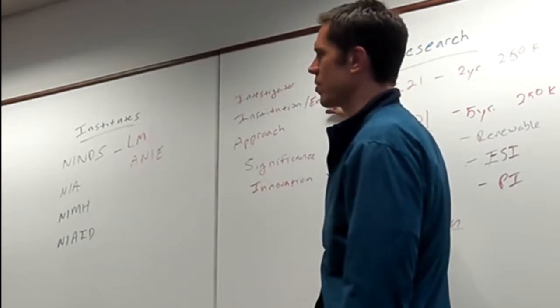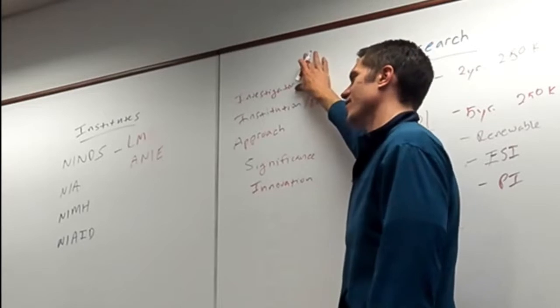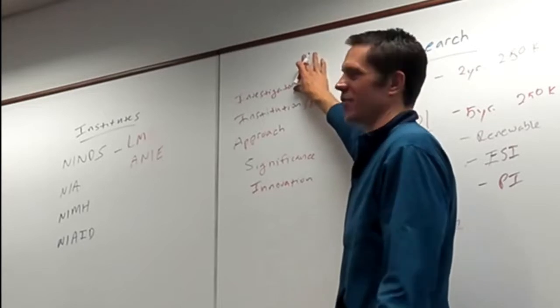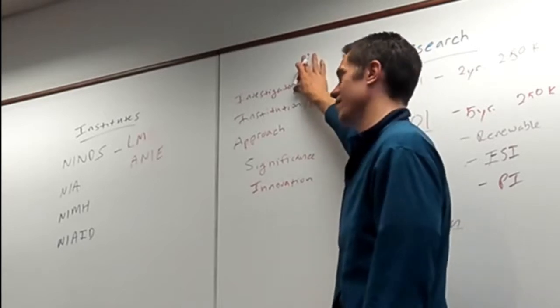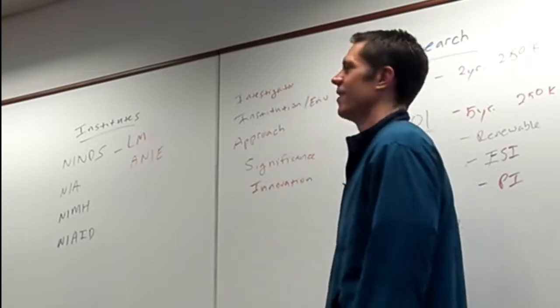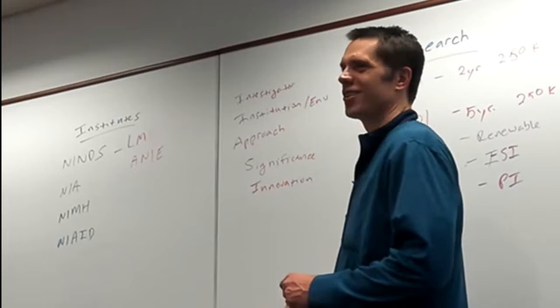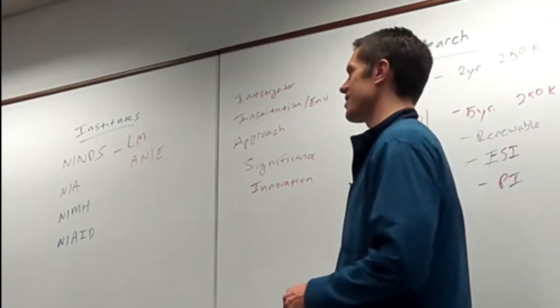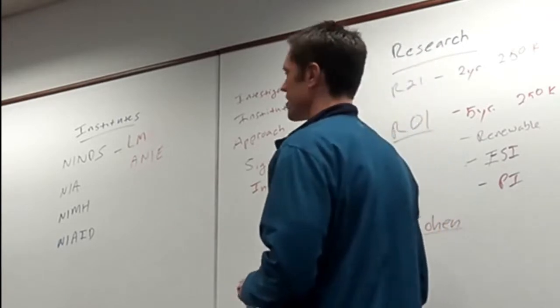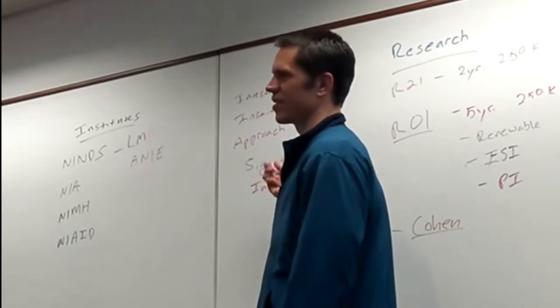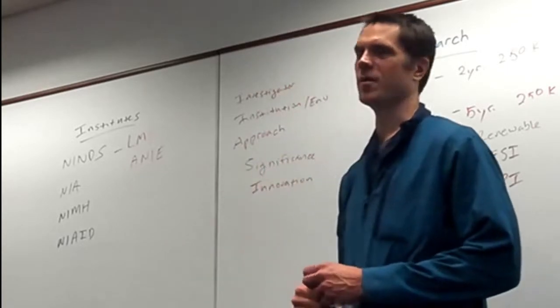In my experience, it's pretty rare the investigator doesn't get a good score, because everybody that applies for these is pretty accomplished. And certainly as a reviewer, I don't want to impugn the integrity or the quality of this nice person who spent all this time on the grant. So most of what drives the score is significance, innovation, approach, as you would imagine.